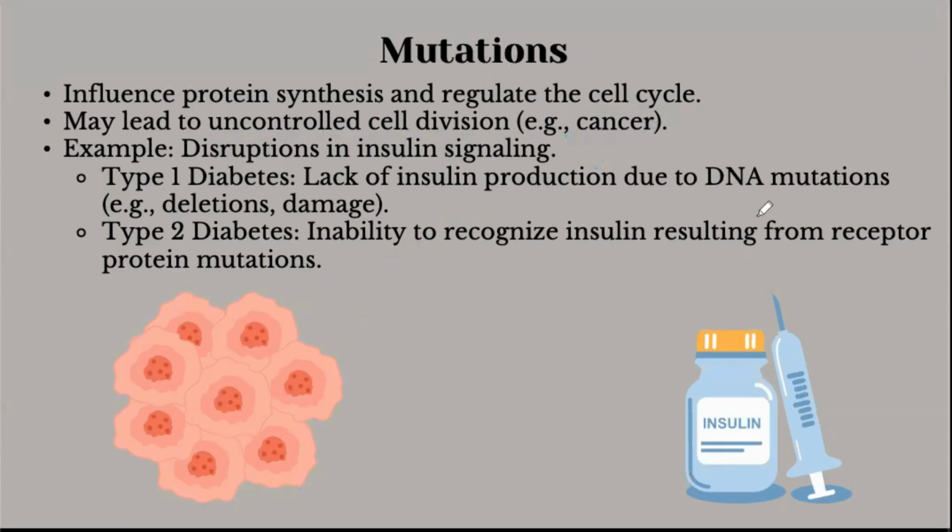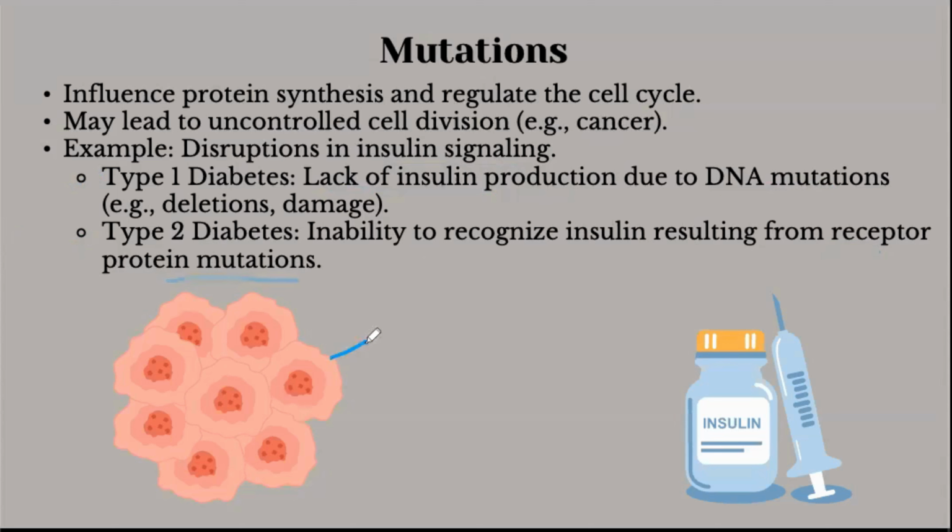Examples of disruptions and mutations include, remember we talked about insulin signaling. We can have issues that lead to type 1 diabetes and type 2 diabetes, where you don't have the production of insulin for type 1 diabetes due to DNA mutations, and type 2 diabetes is from the issues resulting from the receptor protein mutation.